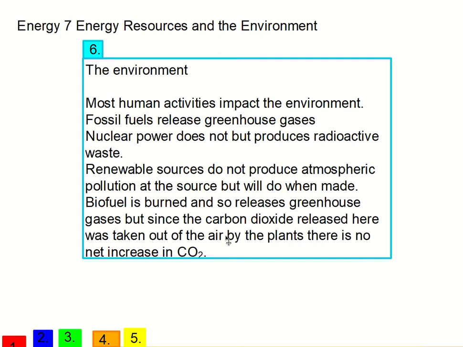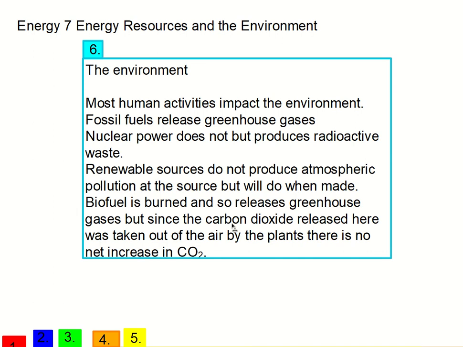So I haven't increased the amount of carbon dioxide. Think of it in terms of money. If you lend me £5 and then I give you the £5 back at the end of the day, you've not had an increase in £5 because you gave me the £5 earlier on. It's the same thing here. If you burn a tree and it releases greenhouse gases, those greenhouse gases were in the atmosphere 20 years earlier.